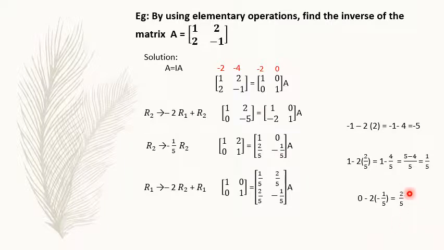We will get 2 by 5. So this is the matrix. Just see, it becomes I equal to BA. Here the left side becomes the identity matrix I, and it is like I equal to B into A. So this matrix is the inverse of A. So A inverse equals this 2 by 2 matrix.